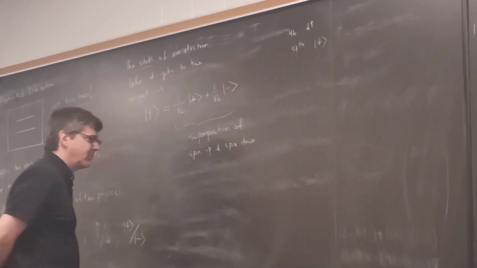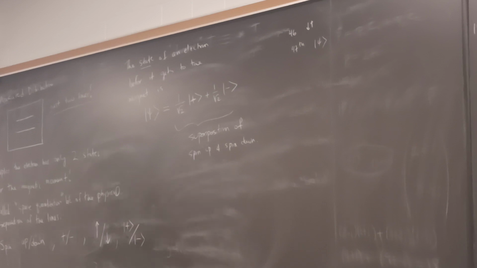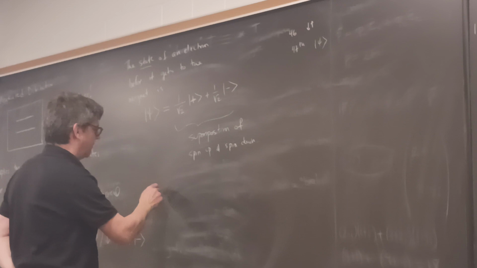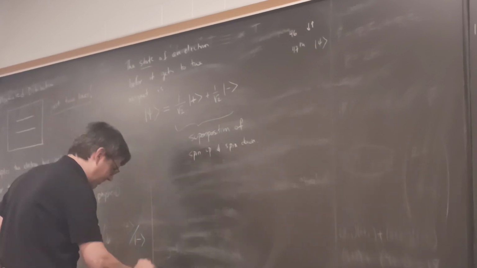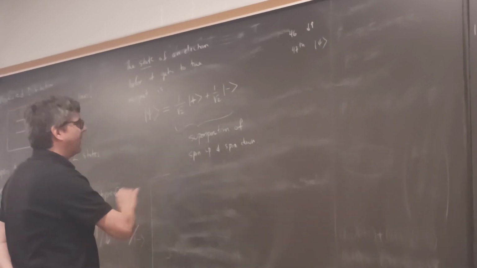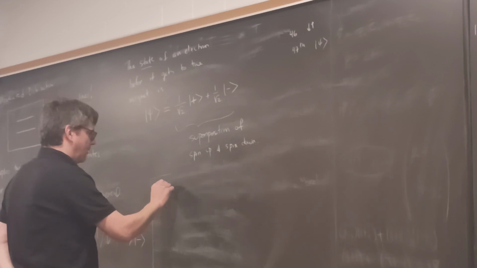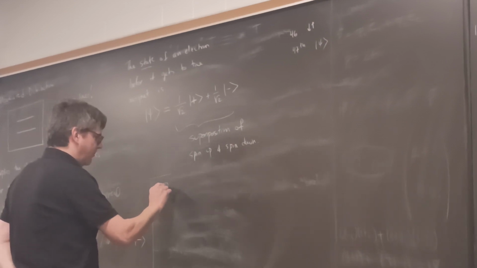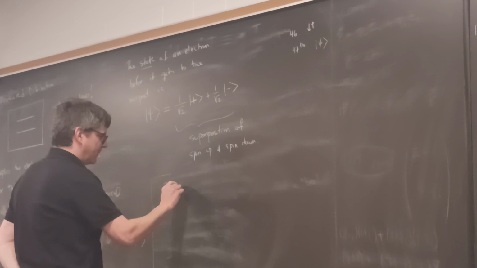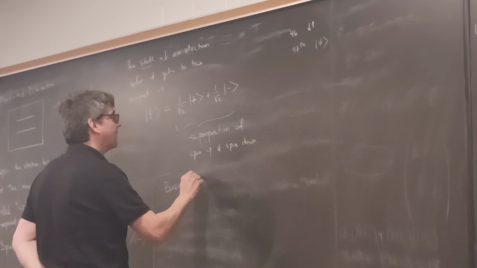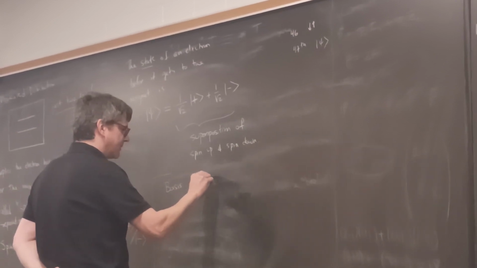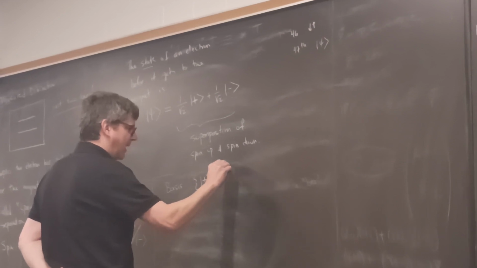No, it's a good question. So what we're going to see is that we want, well, let's go ahead and do this now. We would say then that we have a basis. Our basis is plus and minus, these are two ket vectors.